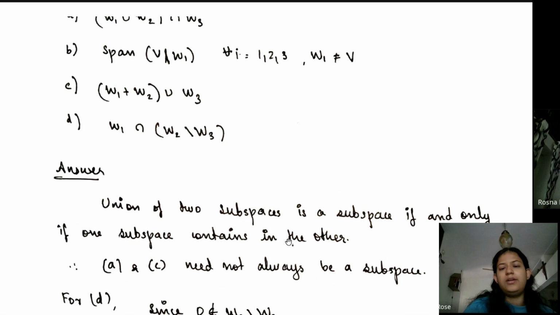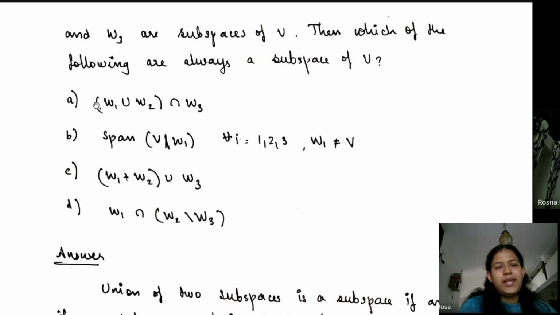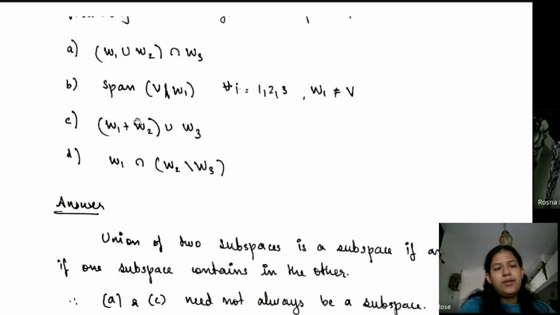So in general, union of subspaces need not be a subspace. In option A, you have W1 union W2, so this might not be a subspace. And in C, you are taking a sum of 2 subspaces, which is a subspace, but union with W3, which we cannot say will always be a subspace. So you can easily mark A and C as wrong.